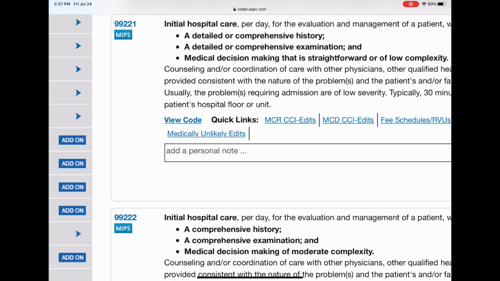Either your coder is going to downcode you, or you might bill it out to Medicare, and then Medicare might get wise to you and want to do some audits and realize that, hey, we've been overpaying this physician, because even though they're seeing patients that are sick enough for 99222 and 99223, even though their patients are that sick, they're not meeting the comprehensive history requirement because they are consistently missing that family history. So it can be costing you thousands of dollars, and or also putting you at risk.